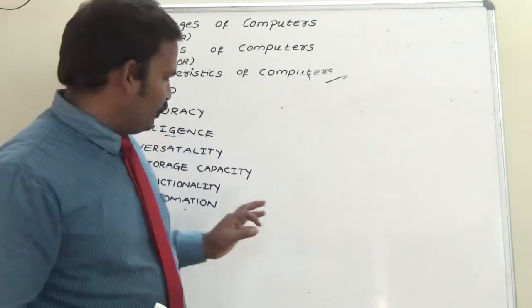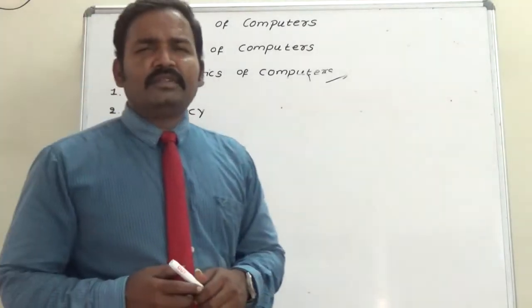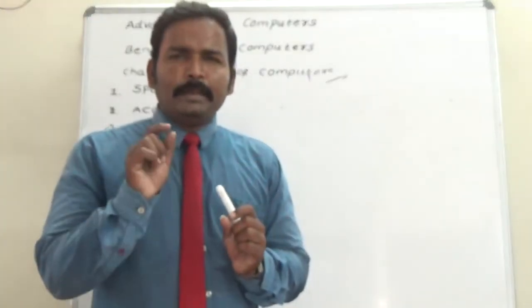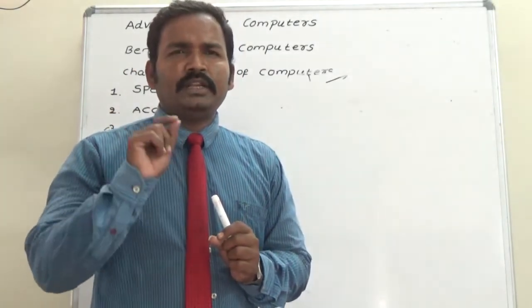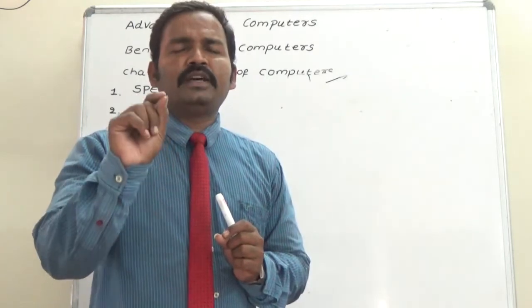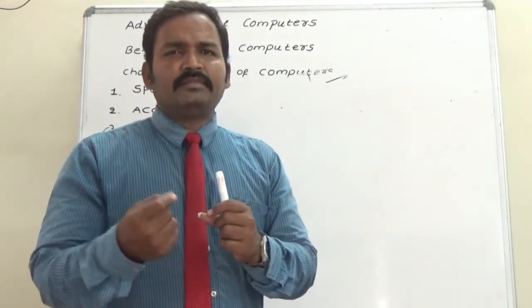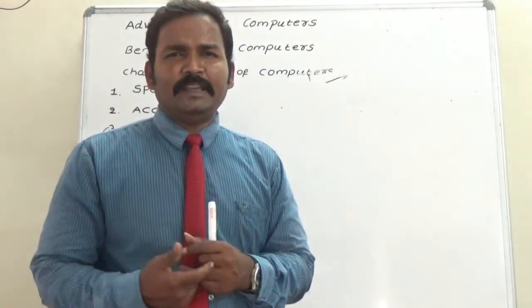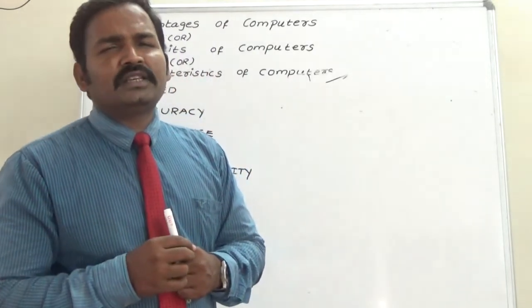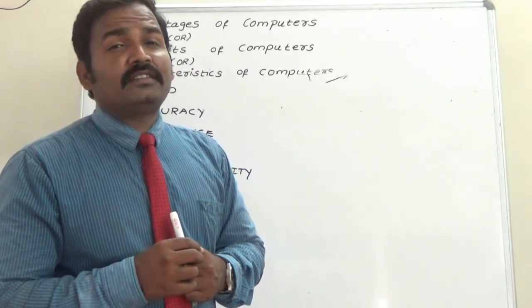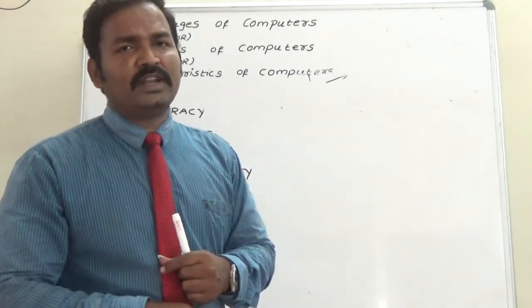Is it clear? So what is automation? If you want to perform a repetitive task in your computer, no need to instruct the computer again and again. You need to instruct the computer only once.